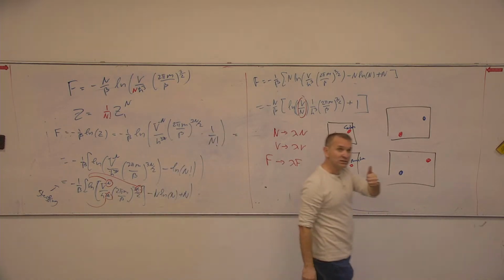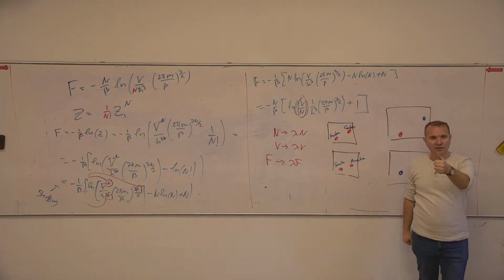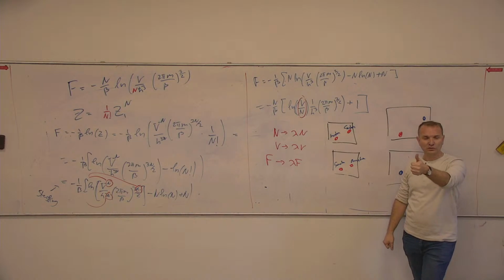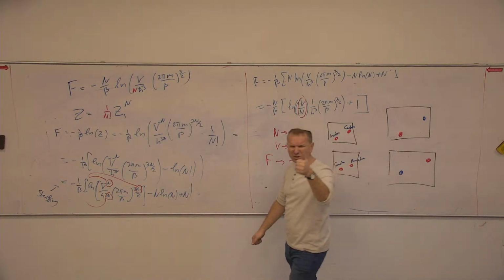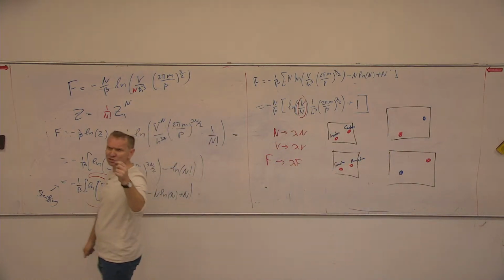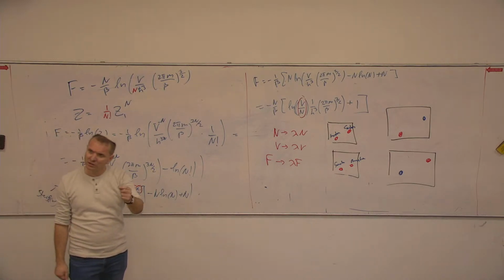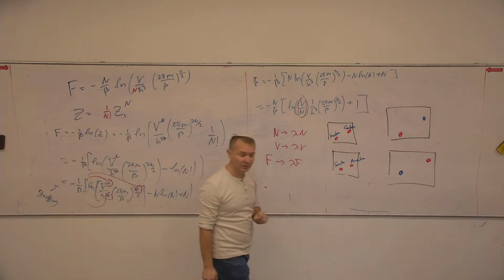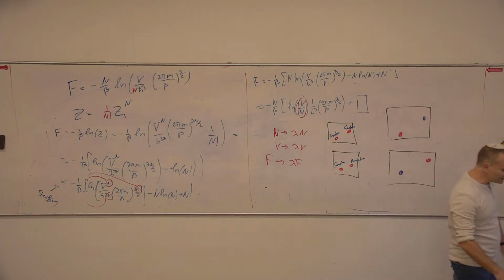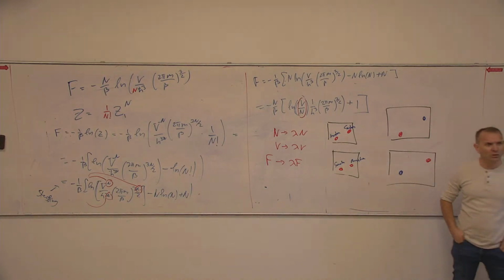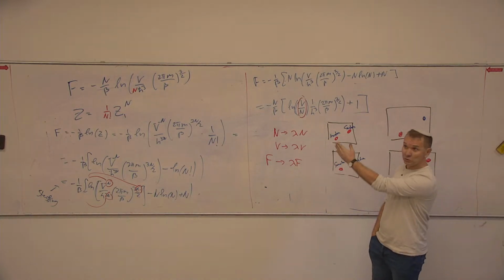So the paradox is you have to divide, but the paradox is still there. You're in a classical system. You experimentally can follow each single particle inside your box, but you're not allowed to do that.